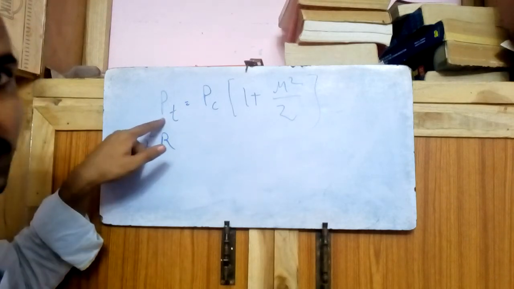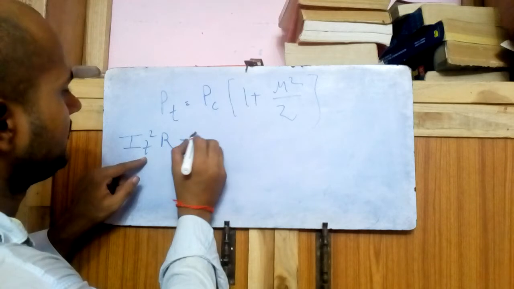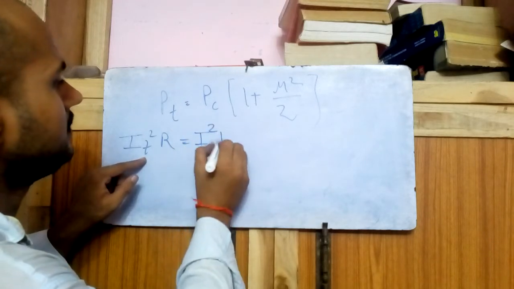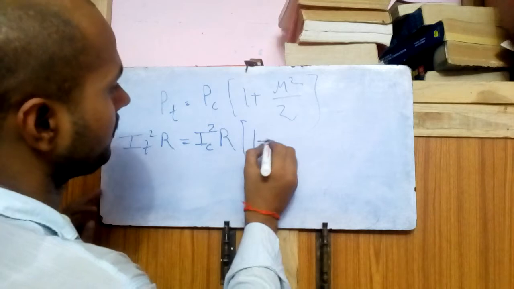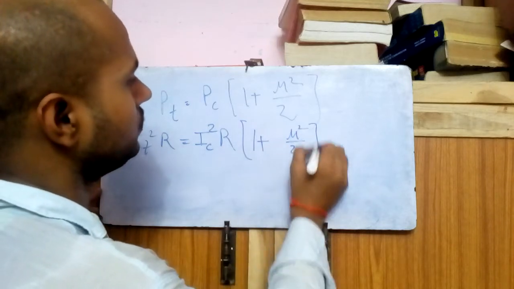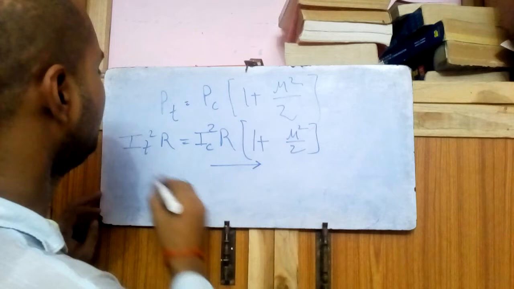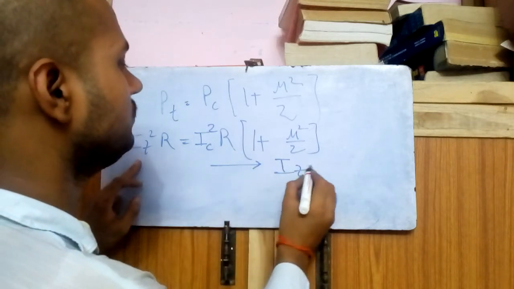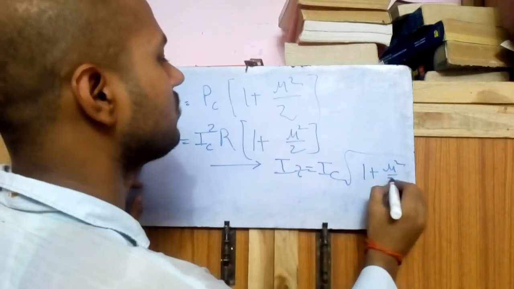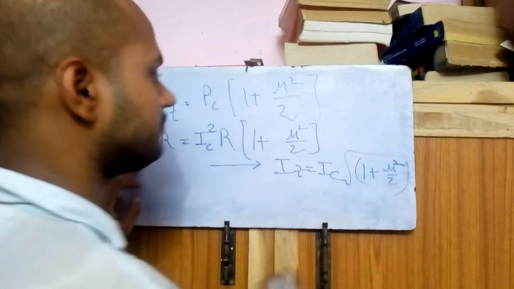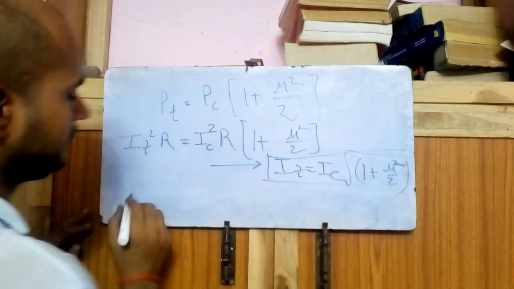By solving it, we get IT = IC under root (1 + mu square by 2). This is the relation of transmitter current and carrier current.